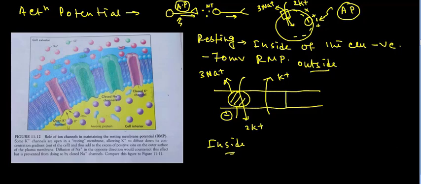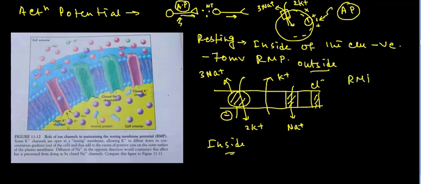A few Na plus ions diffuse into the neuron, and the anionic channels, that means the chloride channels, remain always closed.